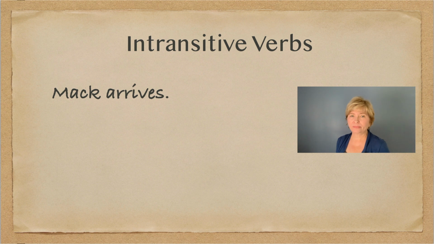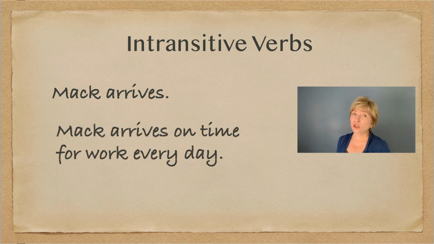Doesn't make sense. Arrive is an intransitive verb. You can't arrive something. You can say, Mac arrives on time for work every day, and that gives us more information about Mac arriving, but it doesn't answer the questions who or what does Mac arrive. There's no way to answer that.